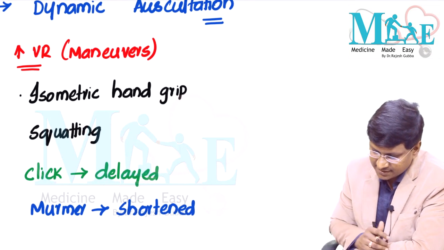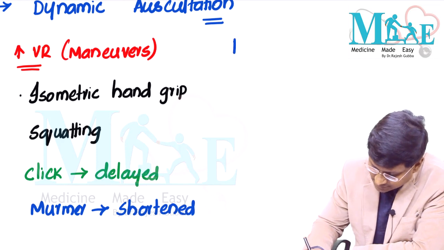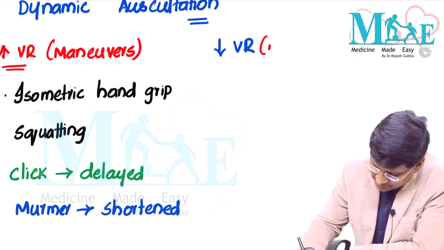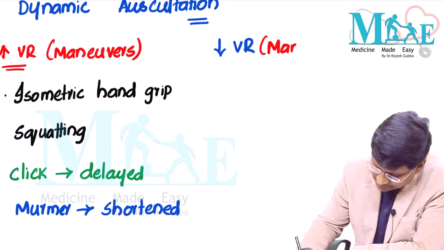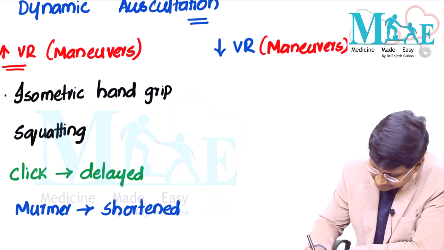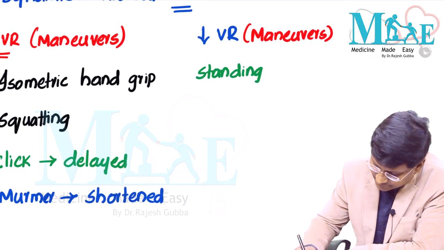Next. Now let me take up a clinical scenario where there is a decrease in the venous return. What are the maneuvers which will decrease the venous return? The maneuvers which will decrease the venous return are, number 1, standing from supine position.